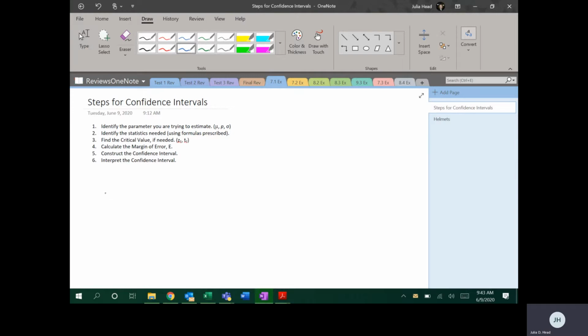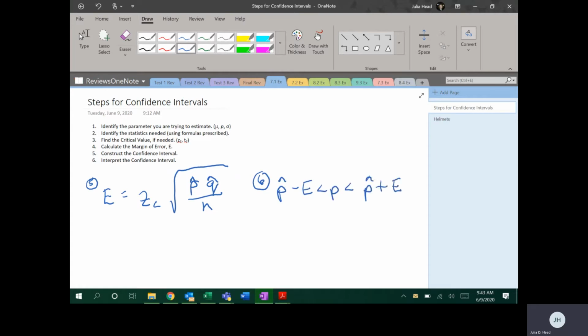But for the formulas for the step 5, you have E equals ZC times the big square root of p hat q hat over n. And then for step 6, you have the formula p hat minus E less than p less than p hat plus E.